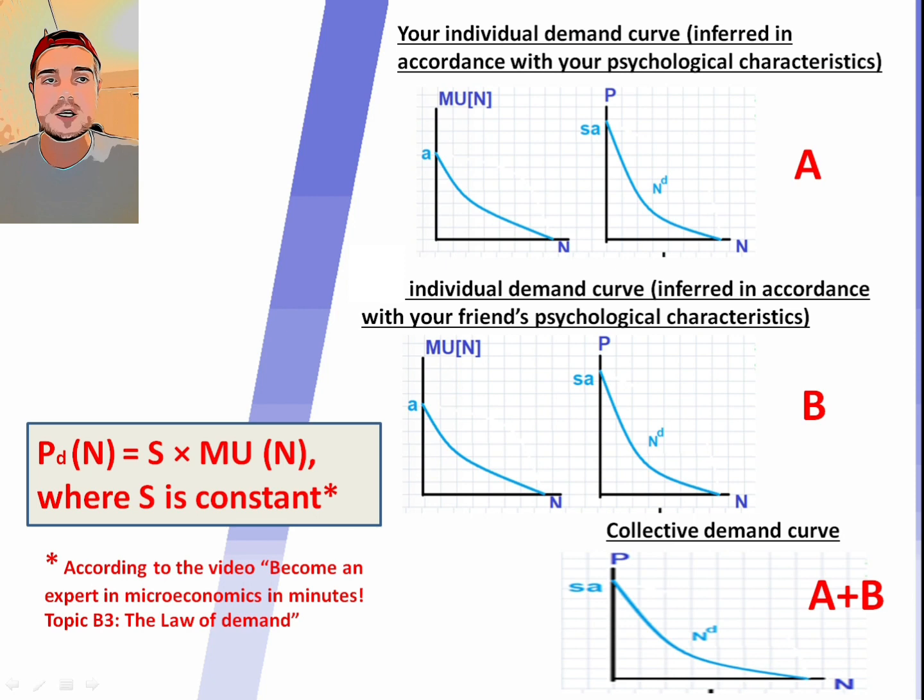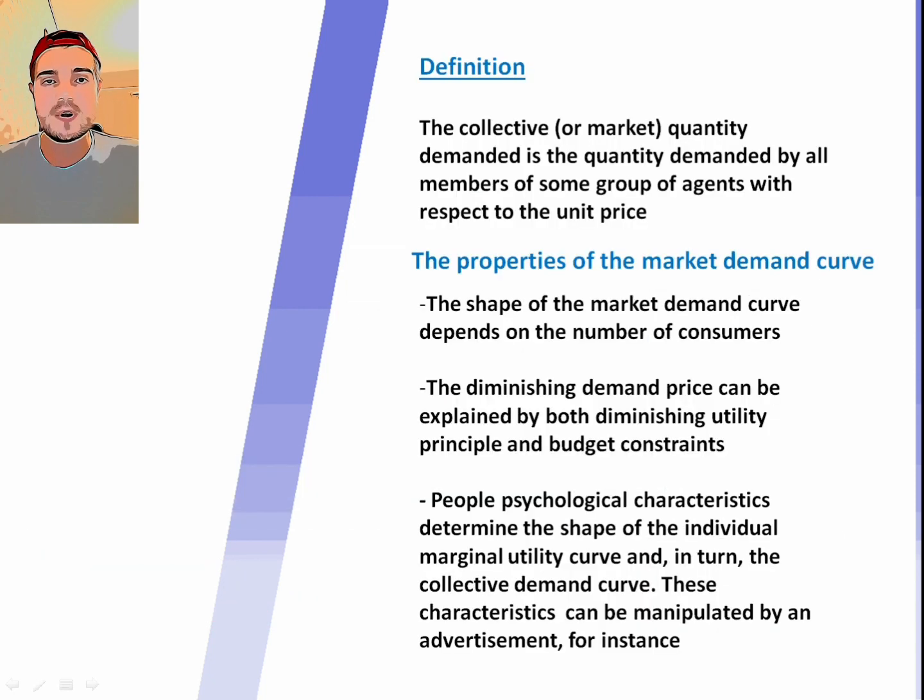Hence, we can write a new definition of the collective or market quantity demanded. The collective quantity demanded is the quantity demanded by all members of some group of agents with respect to unit price.